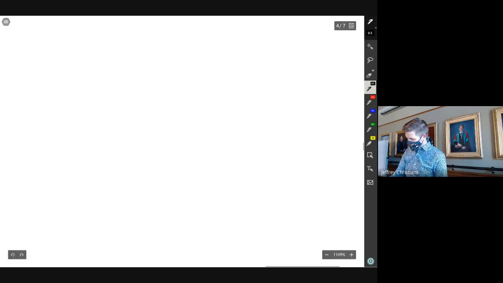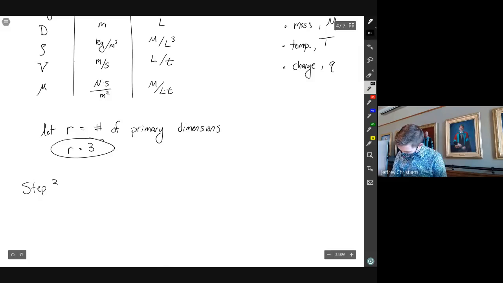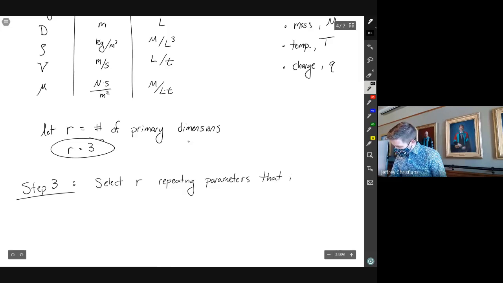All right, step 3. I'll write this and then we'll do it and hopefully it will become more clear. We're going to select R repeating parameters that include all primary dimensions.